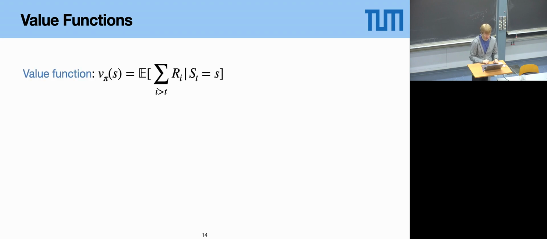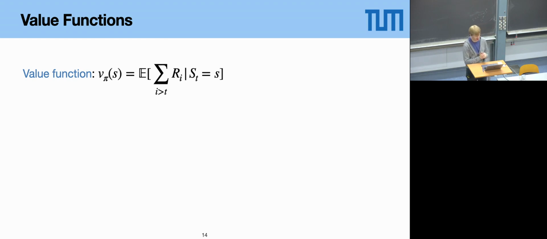We can now use these Markov processes to better explain what value functions are. Mathematically, a value function is a function that takes the current state as input and outputs the expected future rewards, the sum of the future rewards when you start from that given state. There's also the symbol pi, because values depend on a policy. If you have good actions, then you observe high rewards and your values are higher.